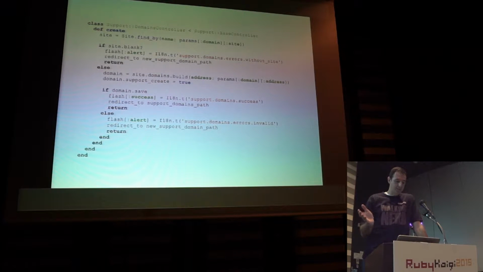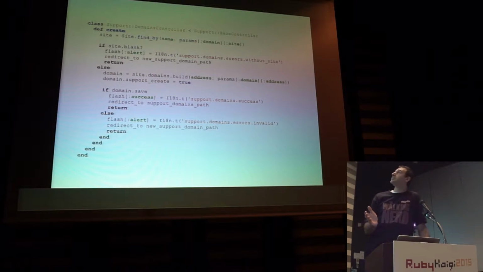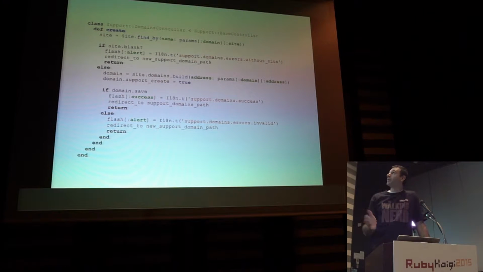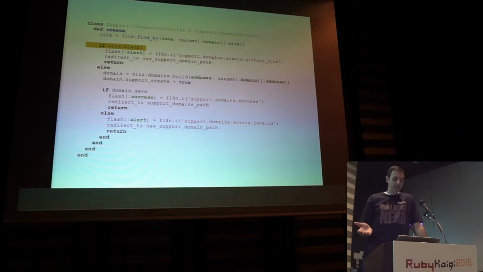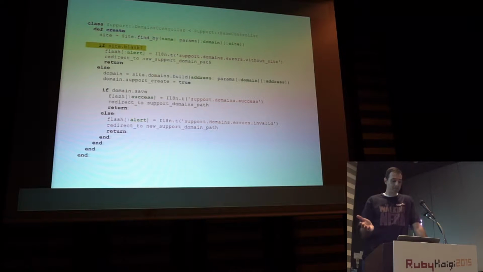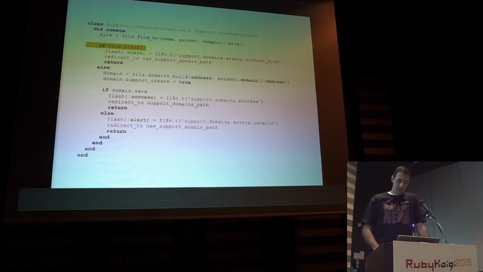We find a site by name and check if the site is found with blank. The site variable is not a string, but it works, okay. If the site is not found, we set an error message and redirect. We need to exit from the create method because redirect keeps going in the method. So redirect and return.